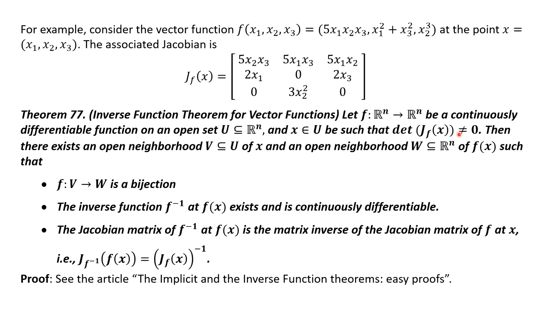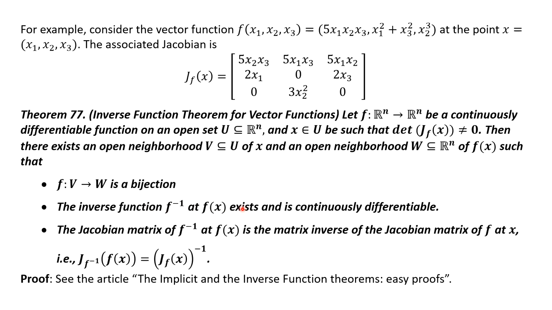If you have that, then what this theorem is saying in a rather complex manner in terms of what's called topology is that there's an open set in Rn about x and an open set in Rn in the codomain about f of x, such that you have these really nice properties that f over these subsets of Rn, V and W, is a bijection. The inverse exists in between V and W, not necessarily across the whole domain and codomain, but within these subsets.